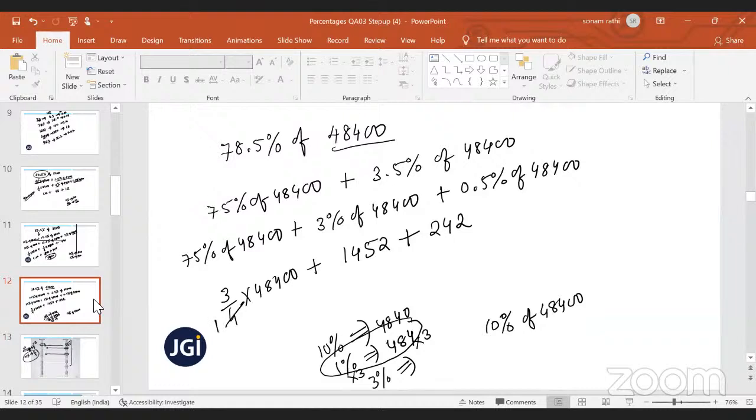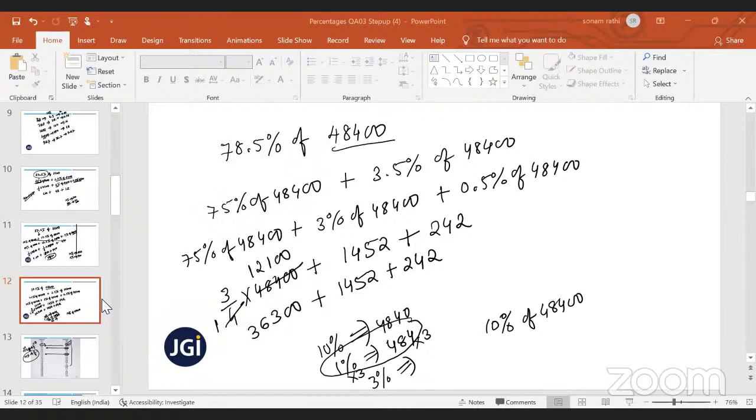So I will get 36300 plus 1452 plus 242. How much will I get? 37994. Right.